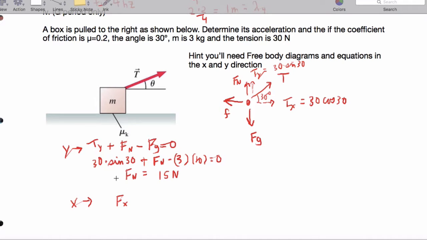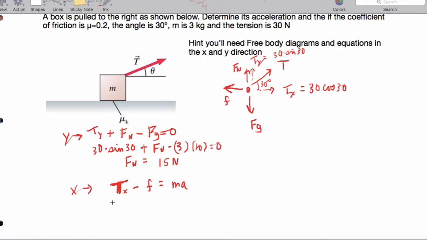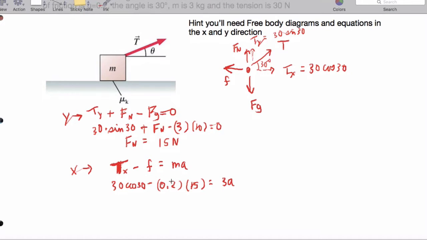And in the x direction, we're going to have the tension in the x direction, T, minus the friction equals little m times a. So that's going to be 30 cosine of 30 minus the friction, which is 0.2 times the normal force, equals 3 times a.